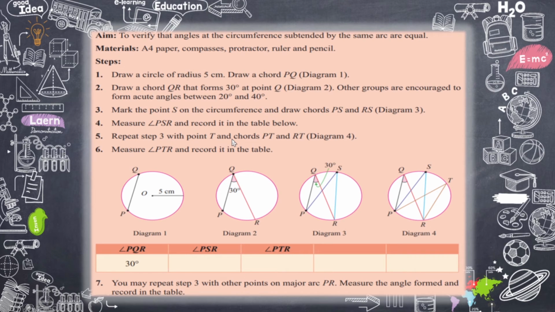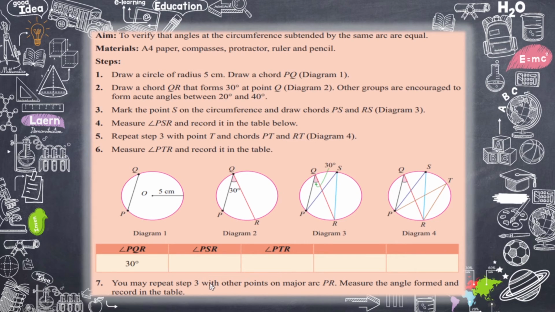Repeat step 3 with point T and chords PT and RT based on diagram 4. So on this step 5, you mark the point T and draw the chords. After that, measure the angle PTR and record it in the table. So you have to measure it also and record the angle on this table.